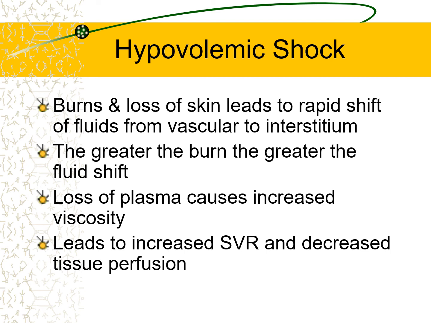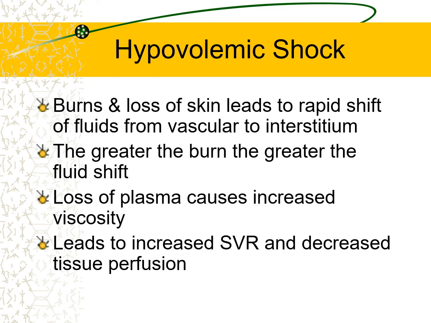In burn shock, there is a progressive increase in the hematocrit and red blood cell count. This increase is due to hemoconcentration from the loss of the plasma fraction of the blood into and through the burn area. Okay, so the larger the burn, the more major the burn, the greater the fluid shifts that occur.